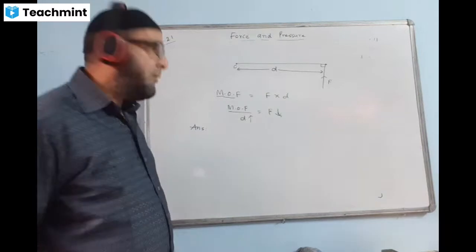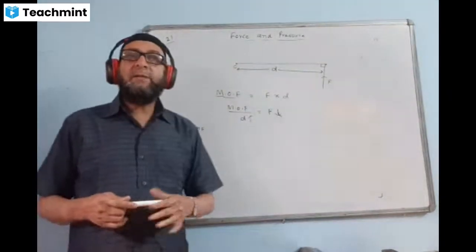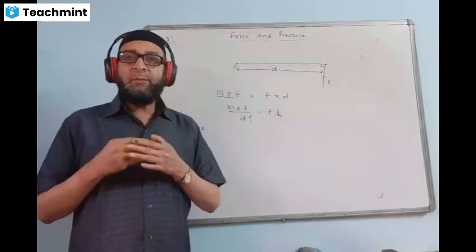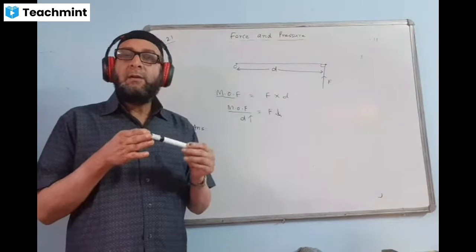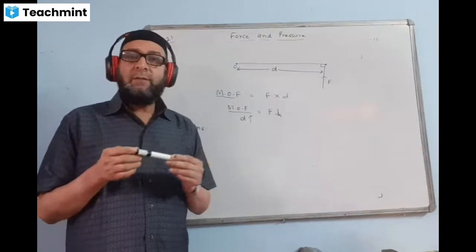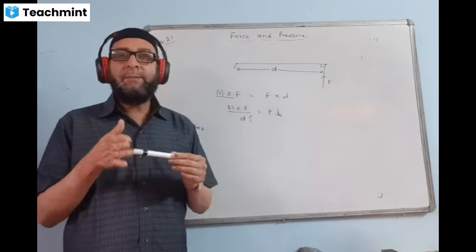Okay, now we carry on. So, understood? Whenever we want to produce turning effect, we go for the maximum distance for applying force. If the distance is maximum, the value of force required will be minimum.